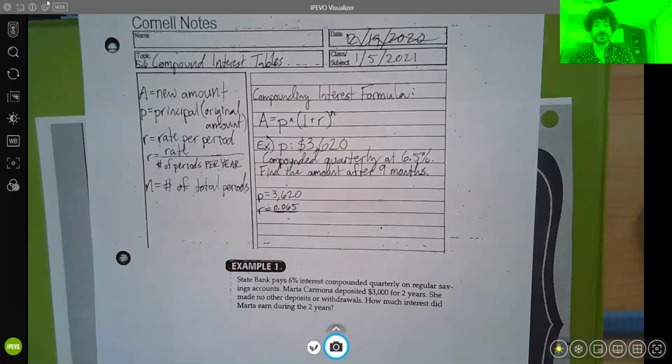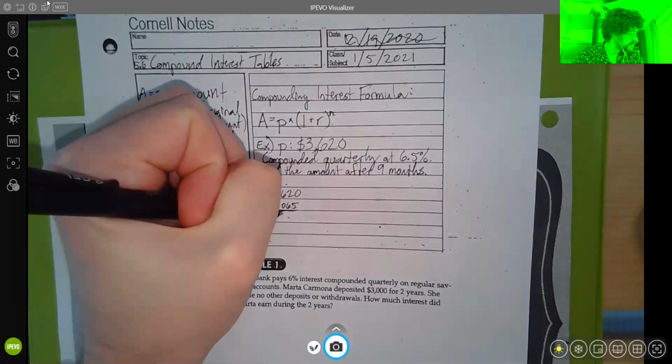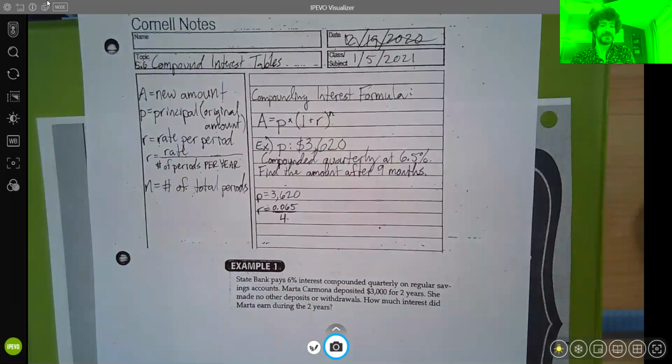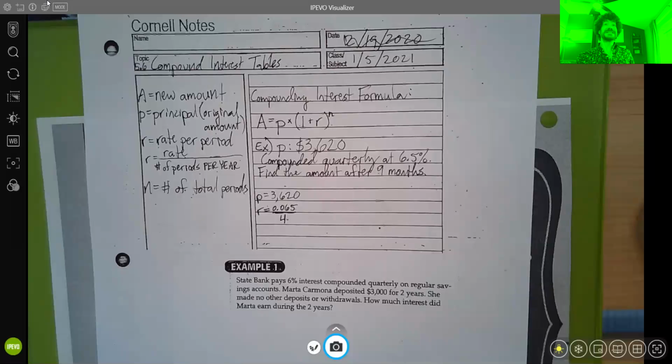If it's compounded quarterly, that means it's compounded 4 times a year. So that's 0.065 divided by 4. Now, if it was compounded monthly, we would do this divided by 12. If it was compounded daily, it would be divided by 365. So it just depends on how frequently it's compounded over the course of the year.